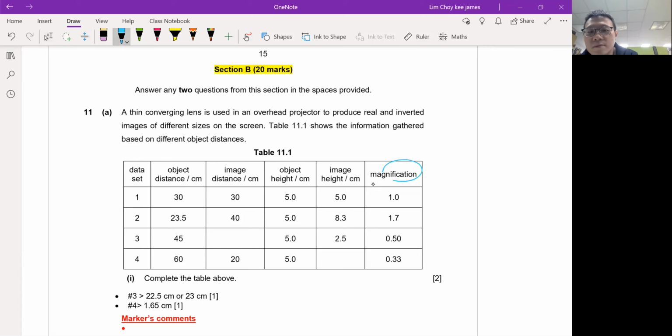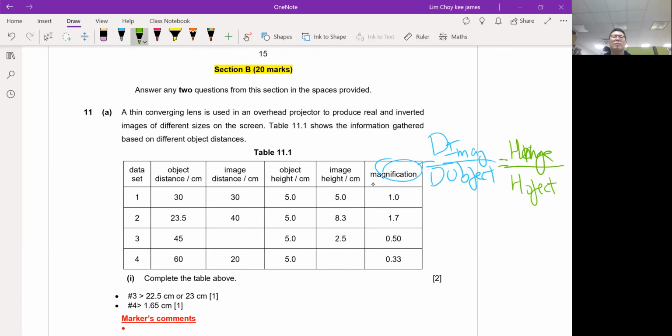It's actually image over object. It can be the various properties. It can be the distance of the image divided by the distance of the object, or sometimes I can say it is the height of the image over height of the object.